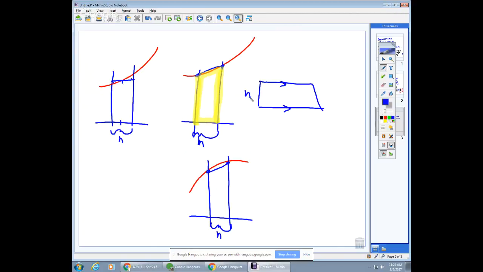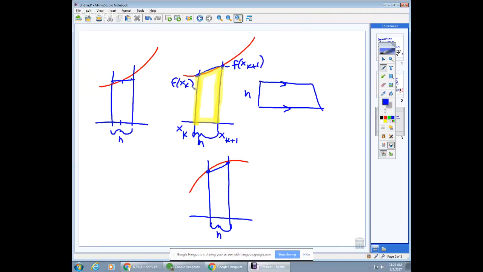This could be called the height of my trapezoid. The base over here, I could say that's x sub k plus 1, and then this would be x sub k on the other side. So this height on that side would be f of x sub k plus 1, and on that side the height would be f of x sub k.